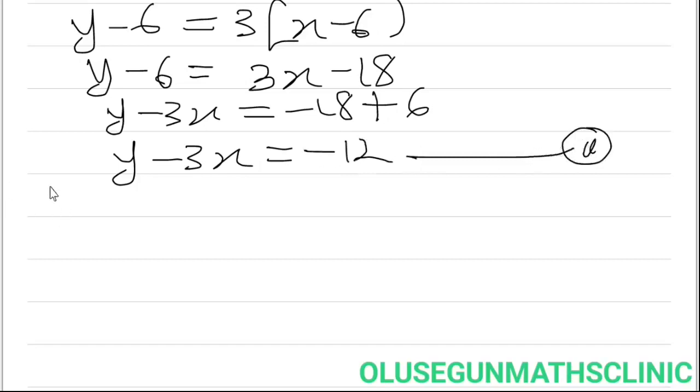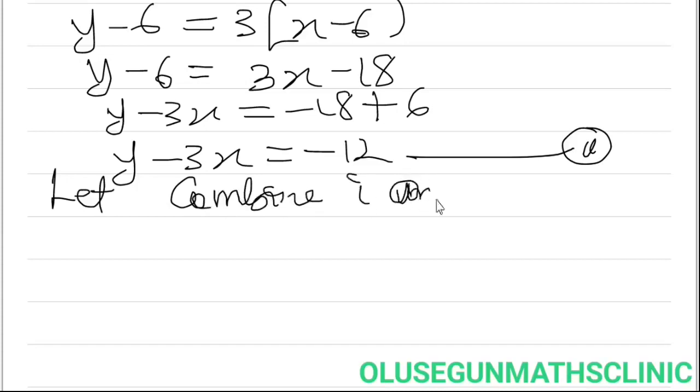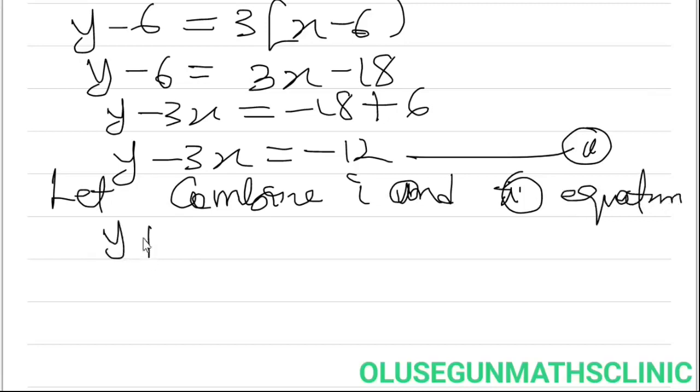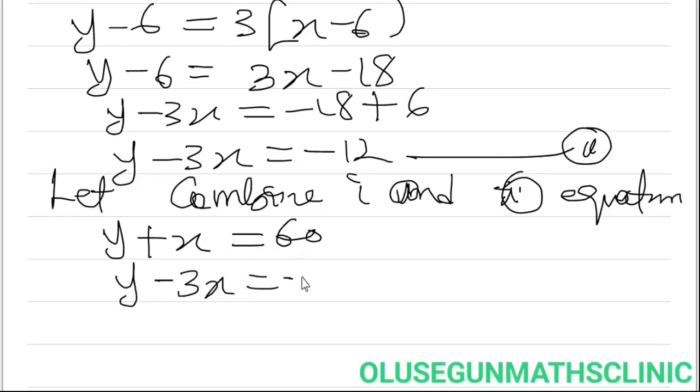So let's combine equations 1 and 2 together. So we have y plus x is equal to 60, y minus 3x is equal to minus 12.